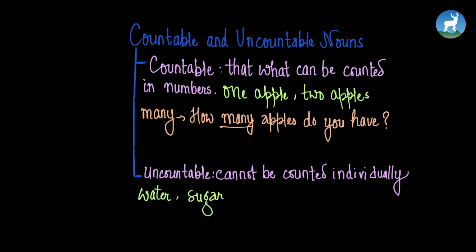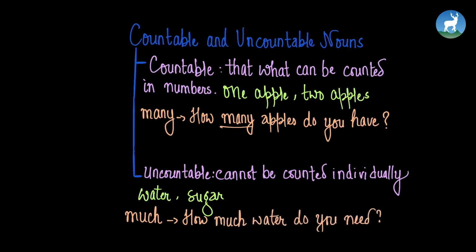And when we want to ask about the quantity of uncountable nouns, we use the word much. For example, if I have to ask about the quantity of water, how will I ask? I'll ask, how much water do you need? So let's do a quick review. For countable nouns, we use many. And for uncountable nouns, we use much.